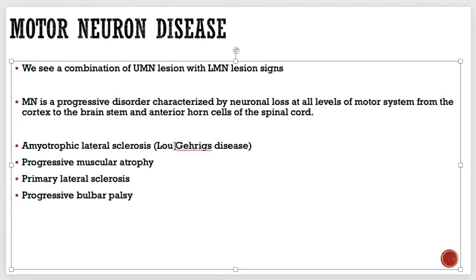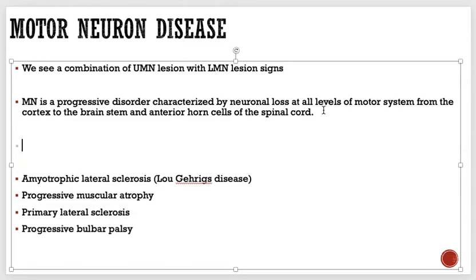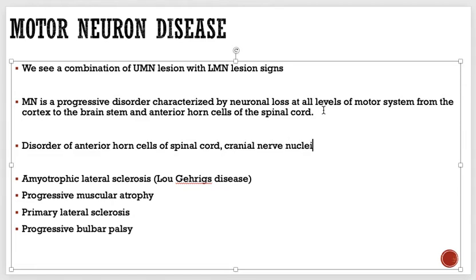So see, we are seeing upper as well as lower motor neuron type of signs, and what happens is there is degeneration of the neurons at all levels. Of course, if there is degeneration of neurons at the cortex, it will be an upper motor neuron type of lesion. Brainstem, upper motor neuron. Anterior horn cells of the spinal cord, lower motor neuron type of lesion. So a very important point, by the way, is that there is a disorder of anterior horn cells of the spinal cord as well as cranial nerve nuclei and the corticospinal tract.